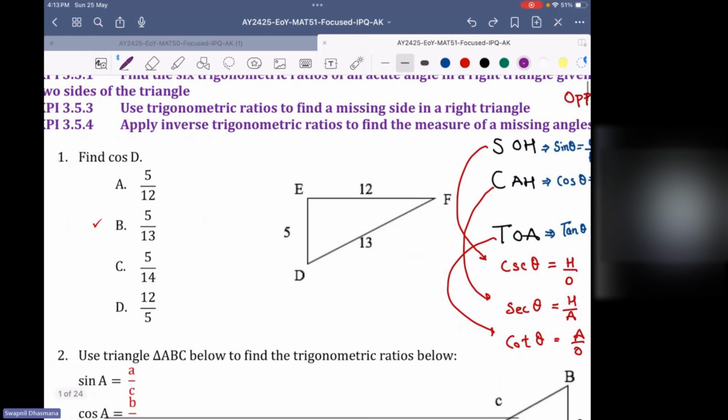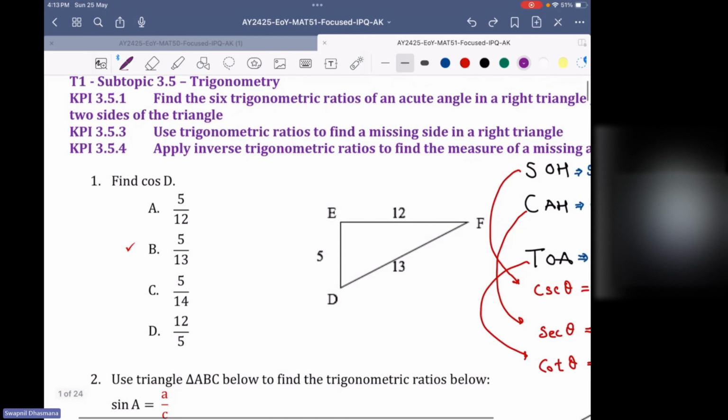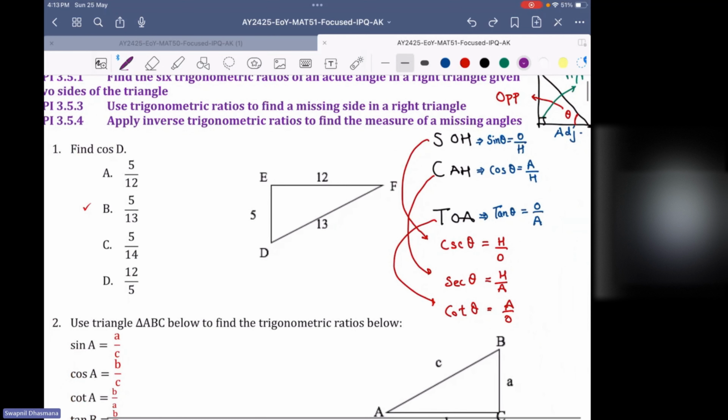Now, for example, the first question, which is about cosine d. So when someone is talking about d, the angle d would be your theta. The side opposite would be called opposite. This is hypotenuse and this is adjacent. Now you can use any of the sides, but they want cosine.